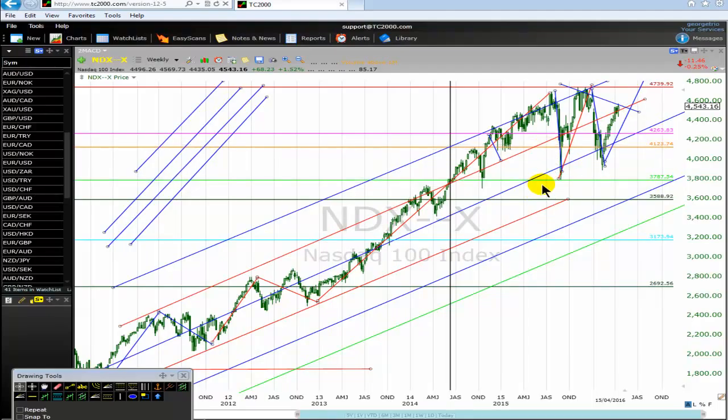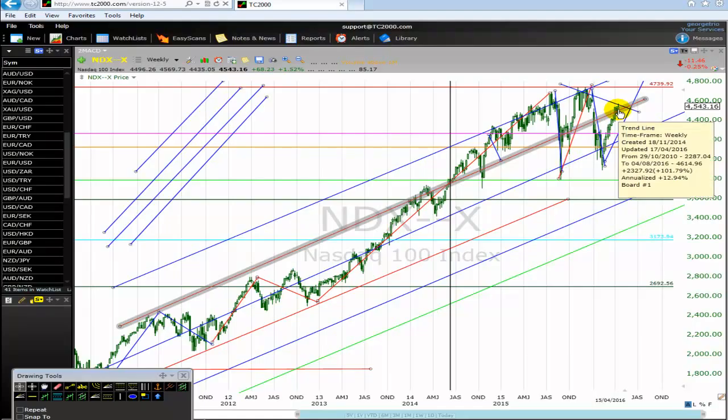Am I making sense to you? Anytime the price goes above the red channel, there's a high chance that the price may go up to the blue line, which is the projection of half of our red channel. So now the price is above the red channel.